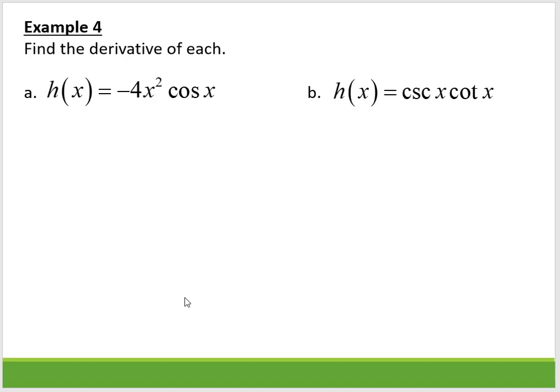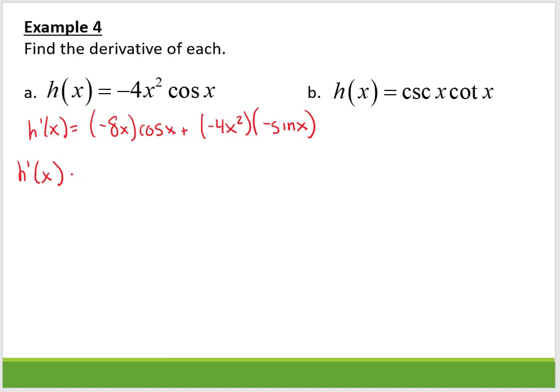Okay, so now let's go through and start finding some derivatives. Okay, so derivative of the first term is that, leaving the second alone, plus leaving the first alone, derivative of the second. So now I have negative 8x cosine x.